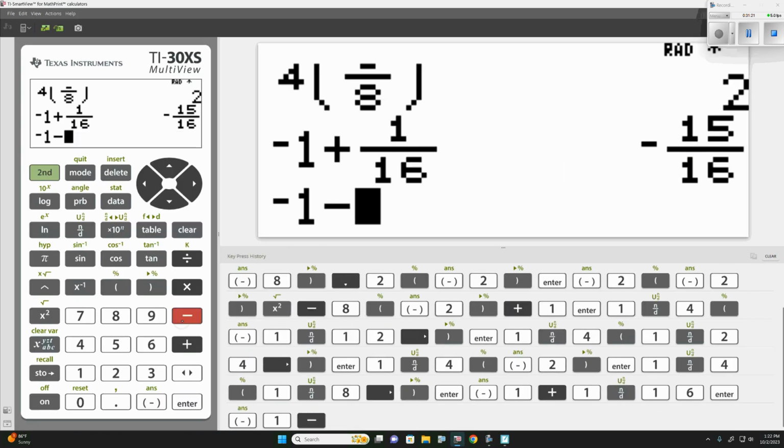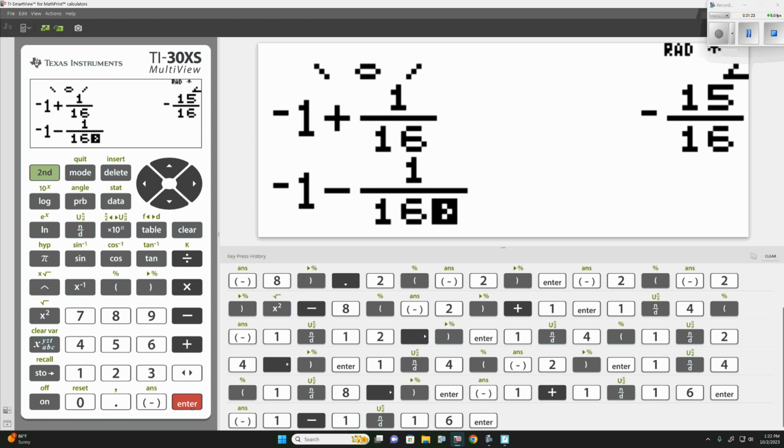And again, we can plug this into the calculator. Gives us negative 17/16.